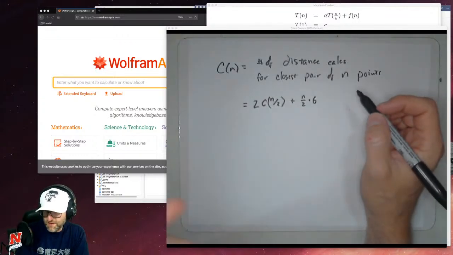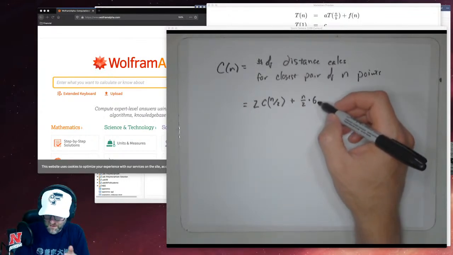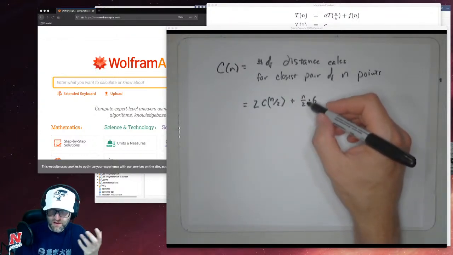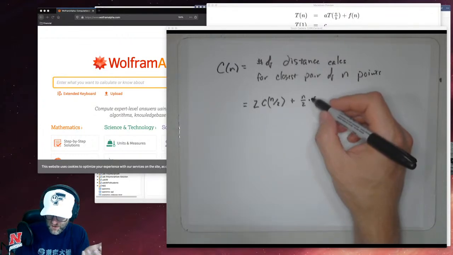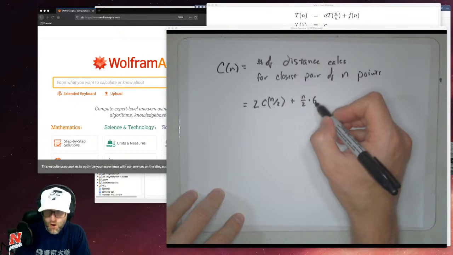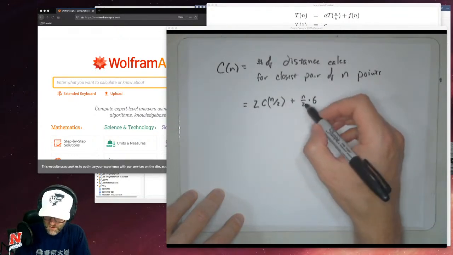It's not exactly 6 every single time. There might be no points within a distance of d on the other partition, so you could get lucky and not make any comparisons here at all. But we'll go ahead and assume the worst case scenario. You have to make all 6 of those comparisons for every n divided by 2 point on the left partition.